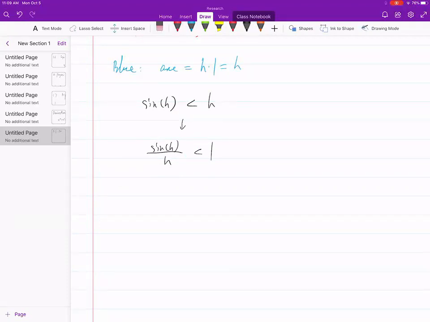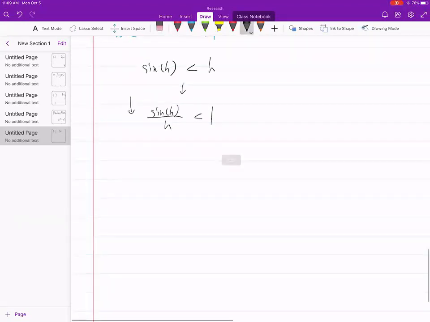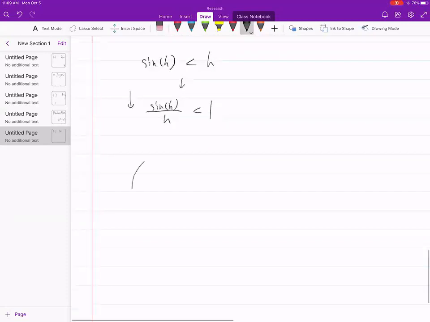So now we want to focus on this side. That's where we are right now. 1, h, 1. Let's forget about the red. Only keep the blue and the green.